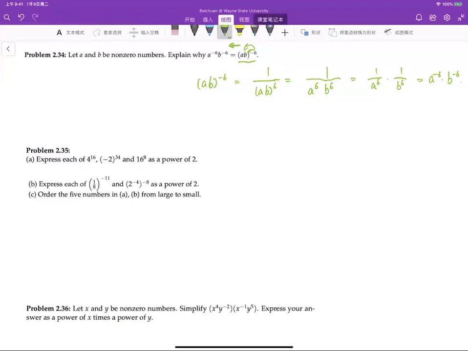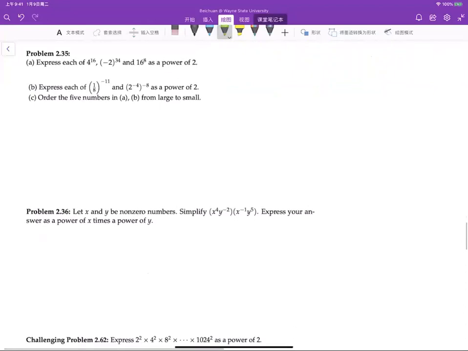Then 2.35. Express each of the terms as a power of 2. This is pretty similar to what we did at the beginning of the class. In this case, we want to rewrite all of the bases as powers of 2. So we know that 4 equals 2 squared.